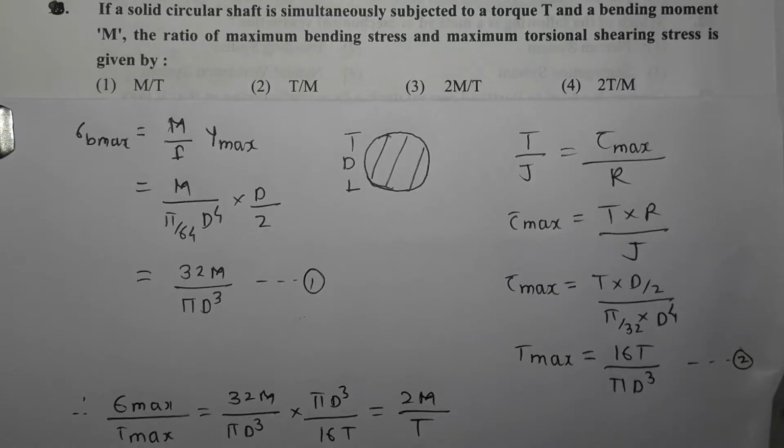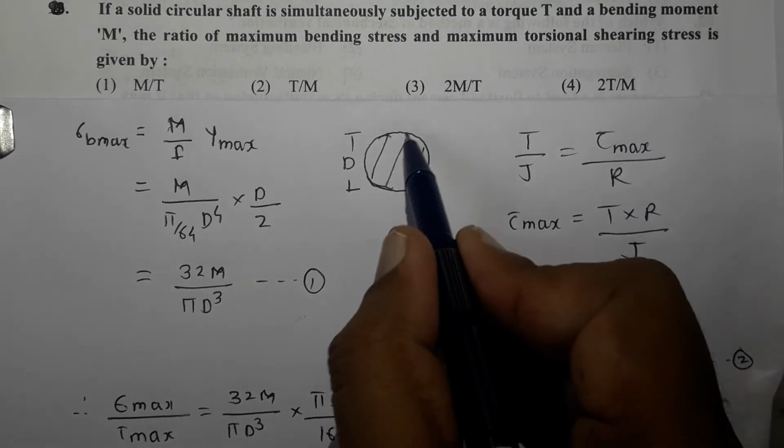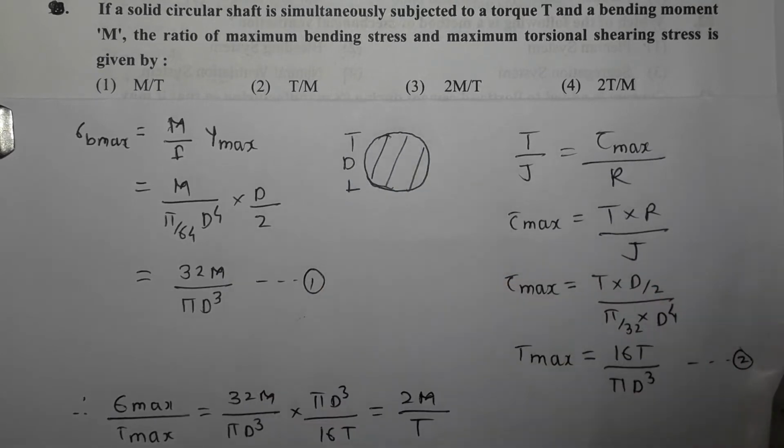Next question. If a solid circular shaft is simultaneously subjected to a torque T and bending moment M, the ratio of maximum bending stress and maximum torsional shearing stress is given by. Now it is a solid shaft, so let it be a solid shaft of diameter d.